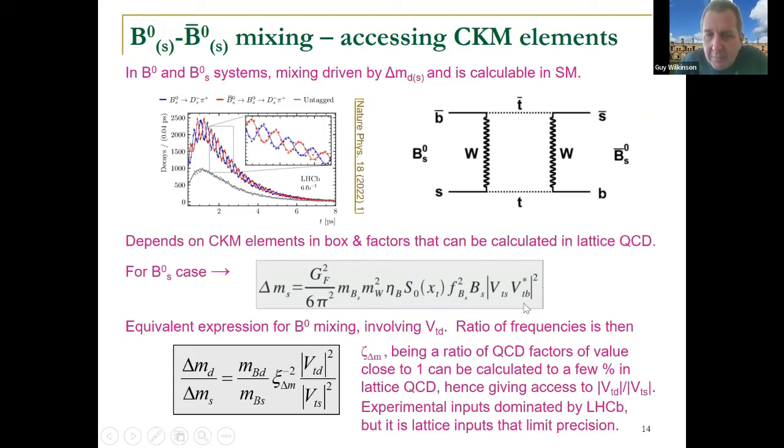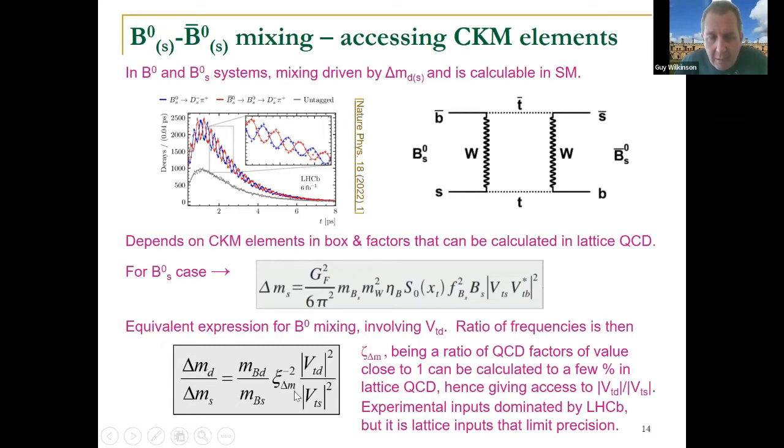So you see this matrix element coming in squared. But there's some hadronic stuff in front of that. This hadronic stuff we don't need to worry about today, but a lot of it cancels if you form the ratio of delta MS to the equivalent observable in the BD system.